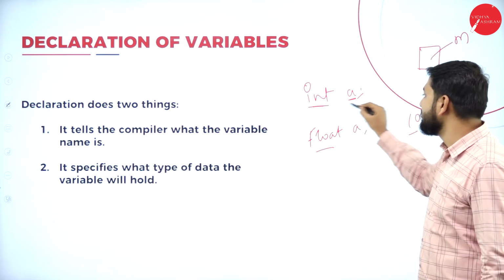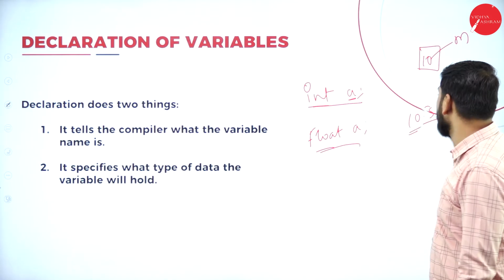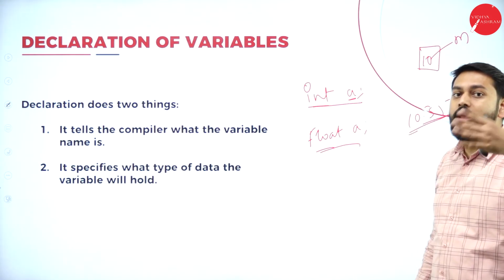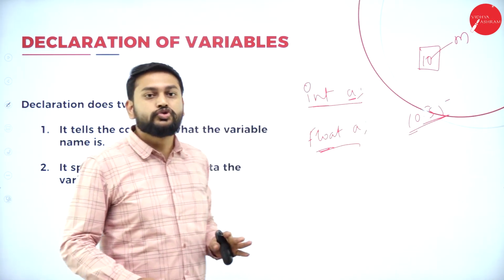Okay, suppose if this is the case, I will be able to store 10. If this is the case, I will be storing 10.35. So nimge create madodrinda, declare madodrinda, so you will get to know what type of value that you are going to store.